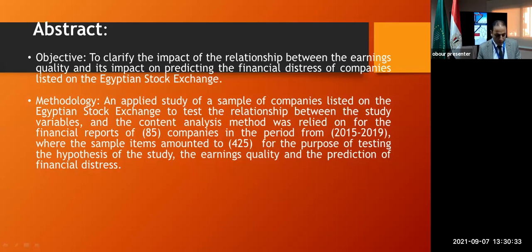was applied to the financial reports of 85 companies in the period from 2015 to 2019. The hypothesis of the study: the earning quality and the prediction of financial stress.